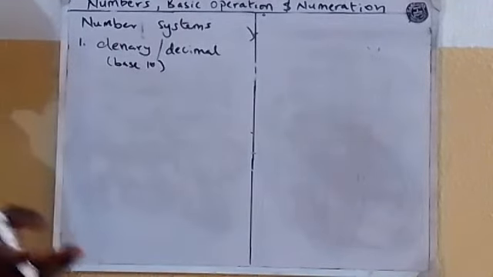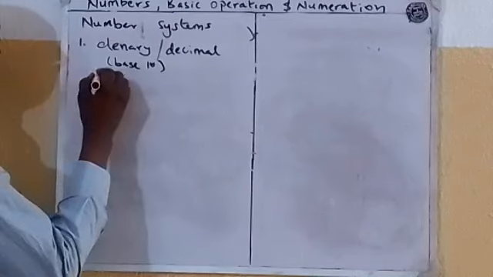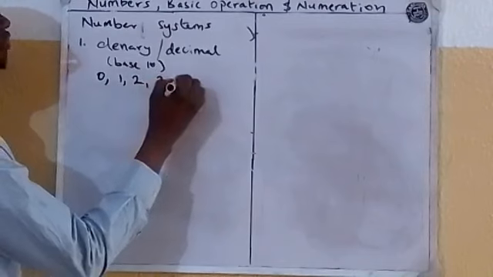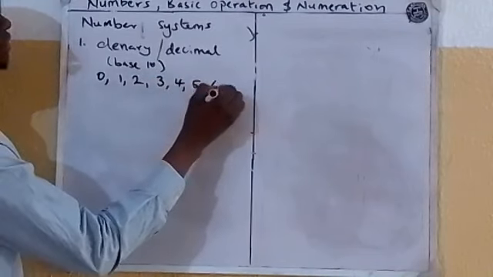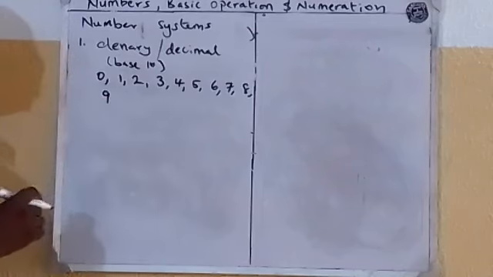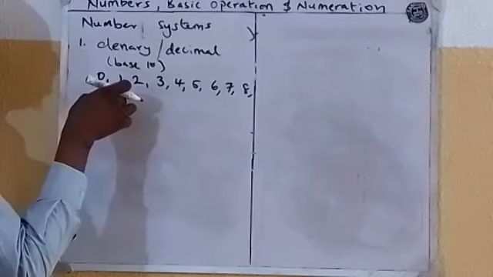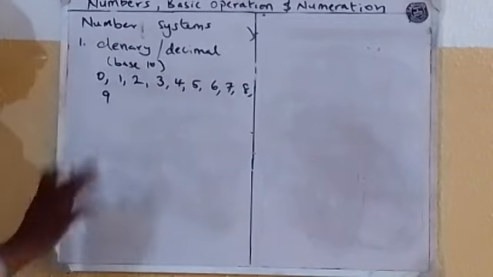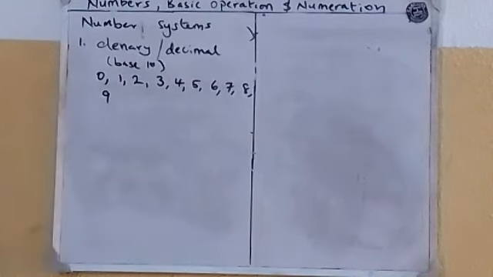So examples, from 0, we have 0, 1, 2, 3, 4, 5, 6, 7, 8, and 9. It stops at 9. The next term will now be a combination of whatever we have here. So this is the first number system that we know.